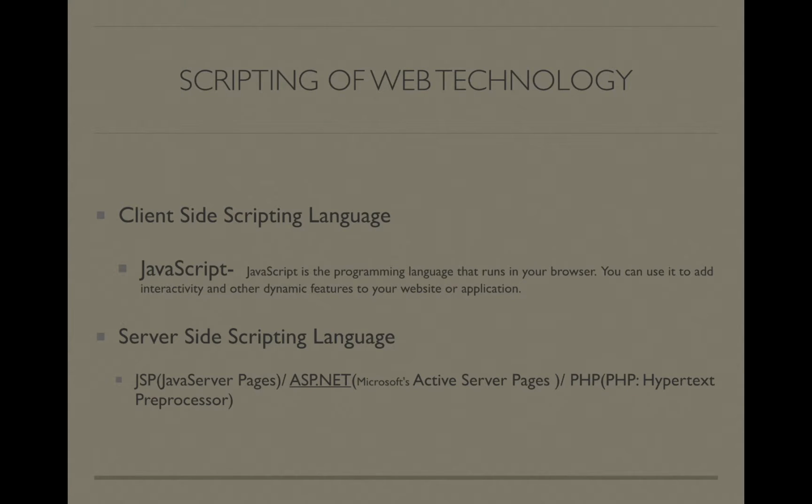Scripting language. There are two types of scripting language. One is client side, another one is server side. If we go for client side, that is JavaScript. JavaScript is the programming language that runs in our browser. You can use it to add interactive and dynamic features to your website or application.